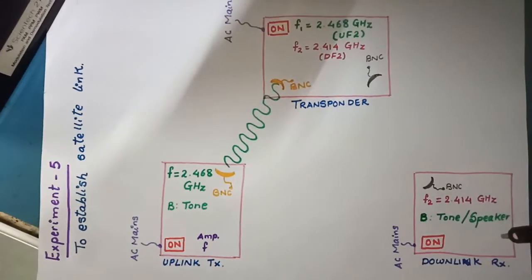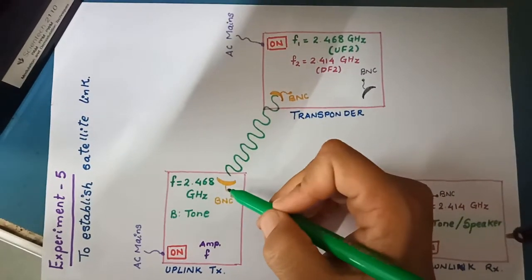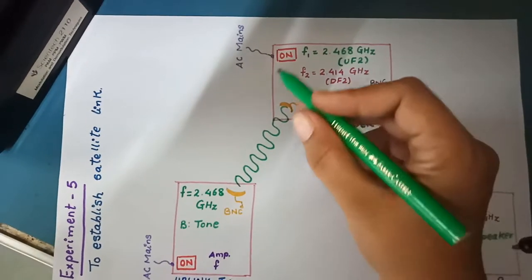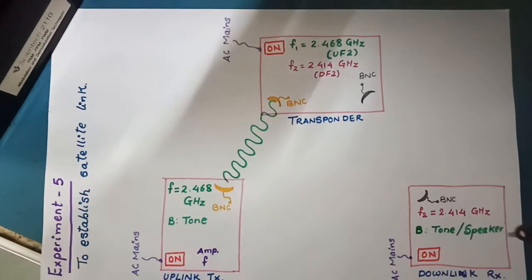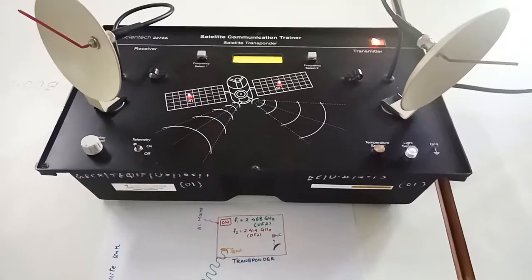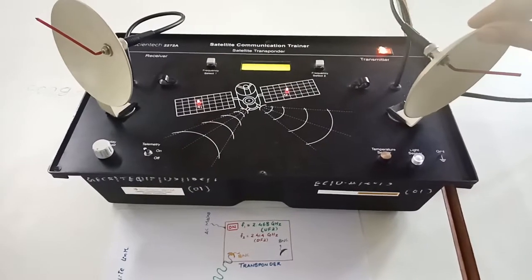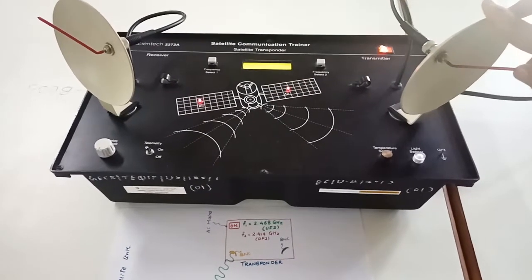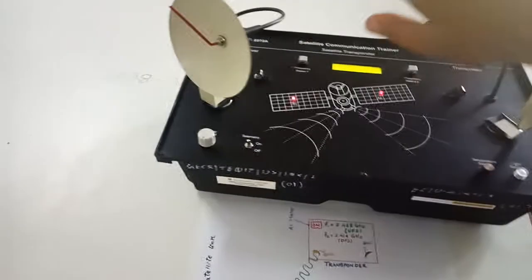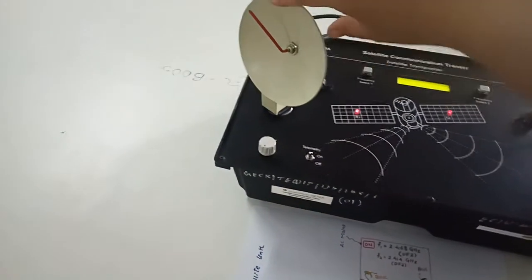Now this signal is transmitted from the uplink transmitter to the transponder. Now let us see the setting inside the transponder. This is our transponder. First of all we have to keep the transmitter antenna in front of the uplink transmitter, as well as the receiving antenna in front of the downlink transmitter.